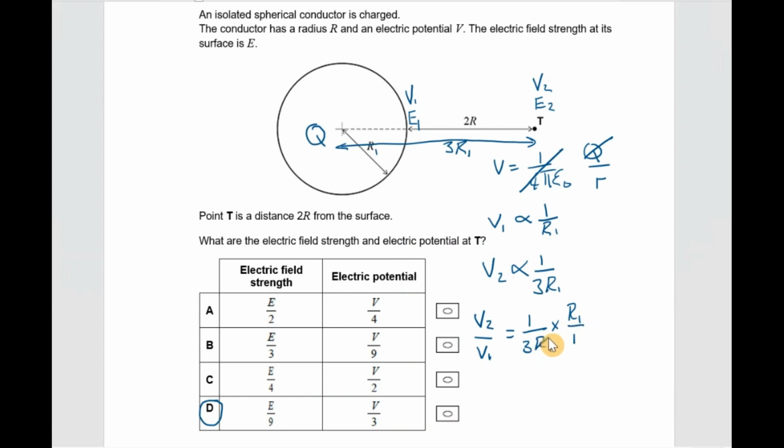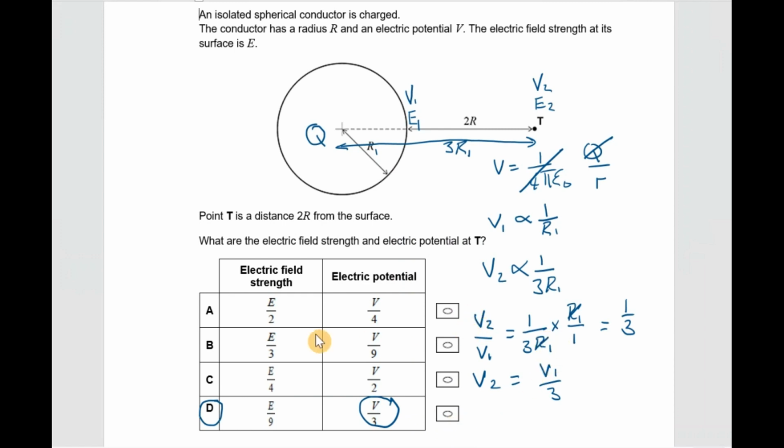Now I can cancel the R1s, and that leaves V2 over V1 equal to 1 over 3, or V2 is equal to V1 over 3.